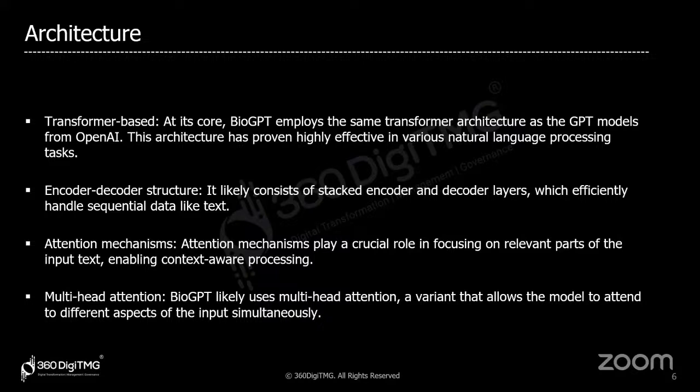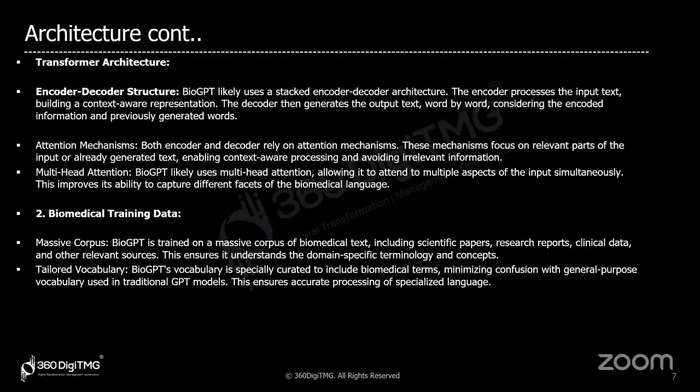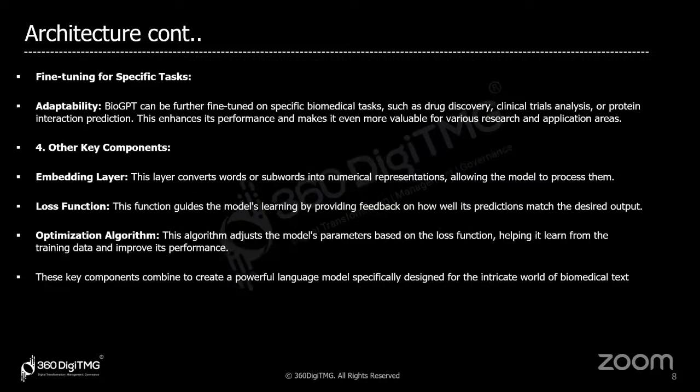We have understood what architecture it follows, what the different layers are, what the encoder-decoder structures are, what the attention mechanism is, and what multi-head attention is. Then the training dataset. Yes, we can do fine-tuning for a specific task. If someone has a different business problem related to biomedical terms, they can fine-tune this model according to the requirement and solve their business problem.